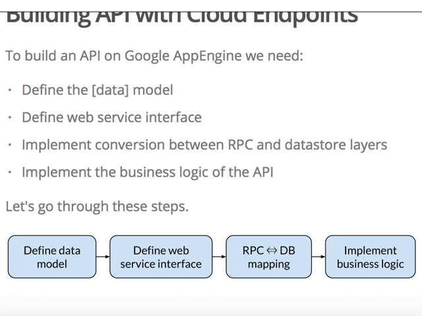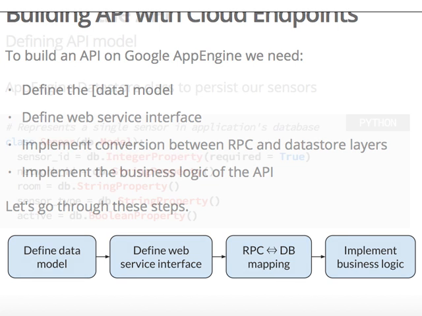And after that, you implement the business logic of your web API. Now, these 3 steps, when I started doing this example, took me something between 35 and 50 minutes to go through all of them, because it's straightforward, because it's simple. Now, let's go and define the data model for our application.